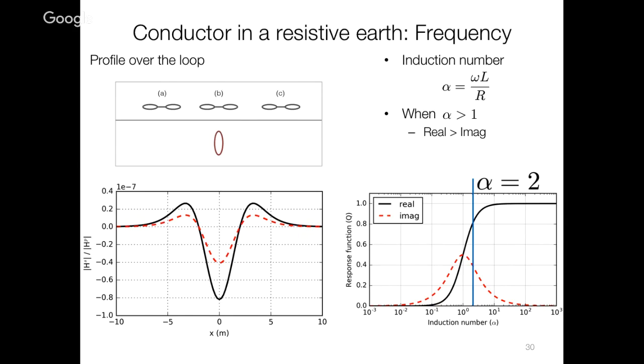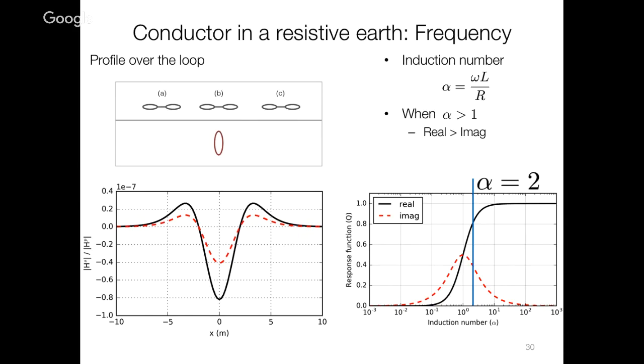I understand the equation of induction number, but I find it hard to understand it intuitively, like in the Earth. How does it relate to conductivity? Larger induction number, lower induction number. The resistance of the circuit goes back to the resistivity.